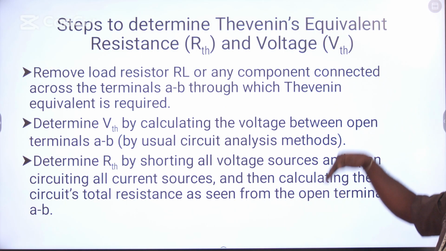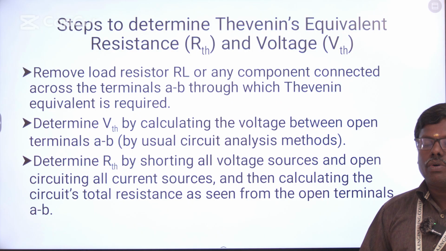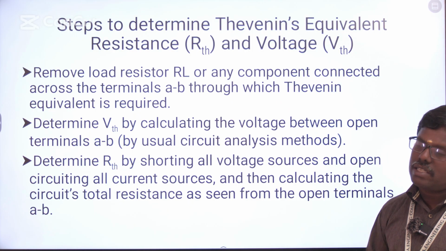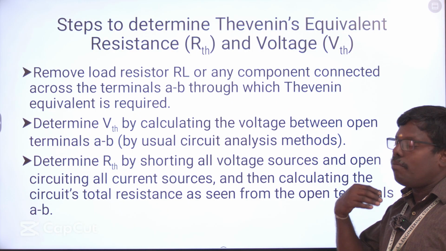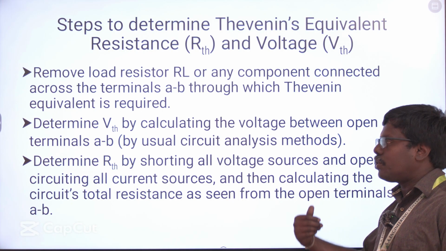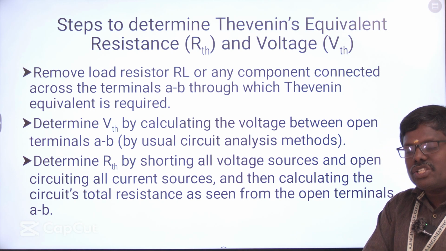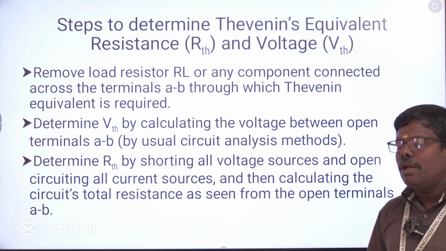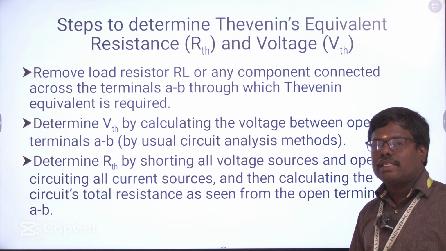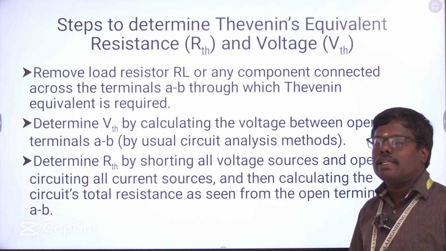Now, how to determine the voltage source and the resistance of a Thevenin's theorem, we have to see. First step, we have to remove the load resistance from the circuit, which is our destination resistance. That resistance which acts as the load resistance has to be removed from the circuit.